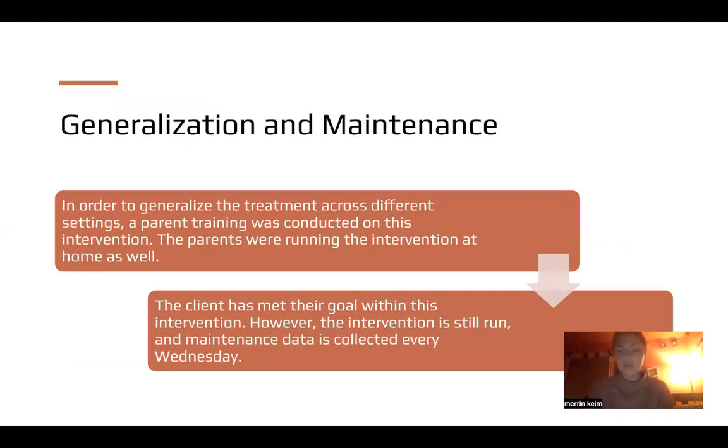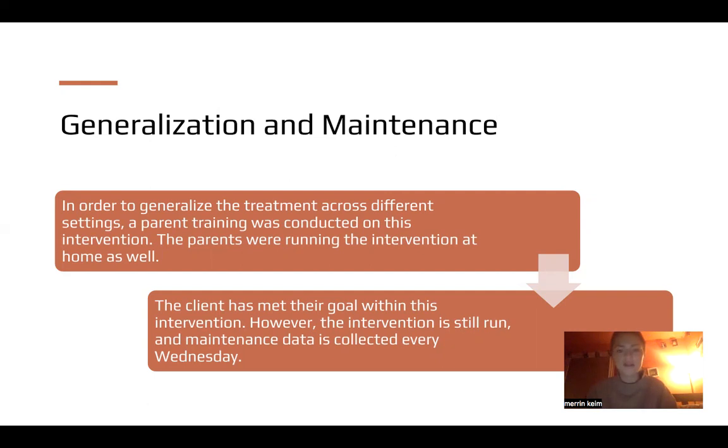Generalization and maintenance are, of course, extremely important. This was something that was going on both at home and in center. For any table work being done at home, the parents were using the same prompts and the same reinforcement.